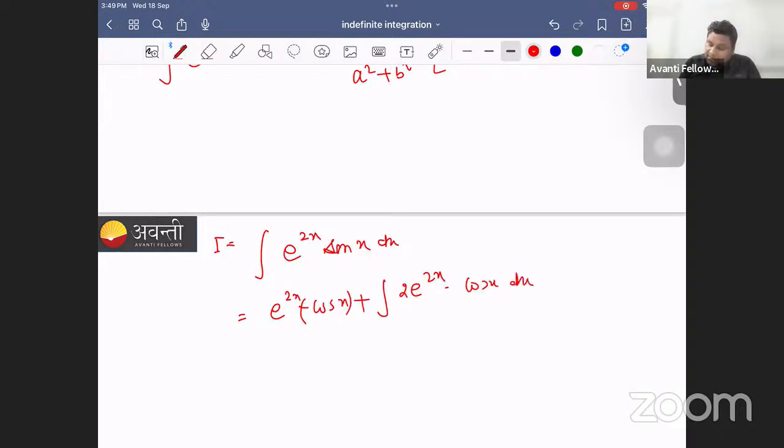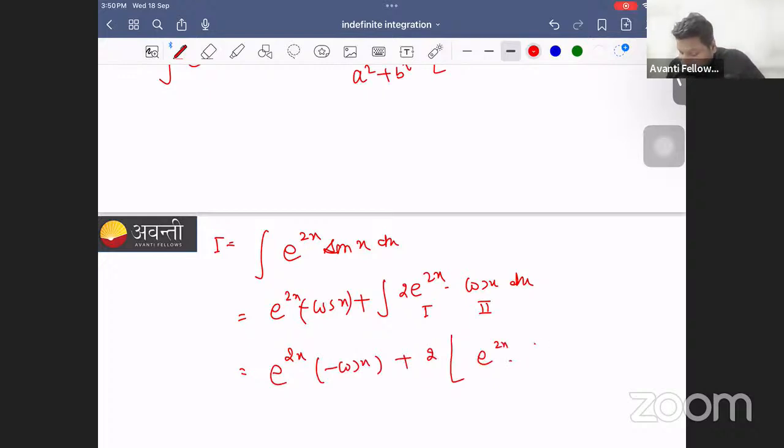Now again applying by parts on these two. First, integration of second, plus sin x. Derivative of first, 2e to the power 2x. Integration of second dx.